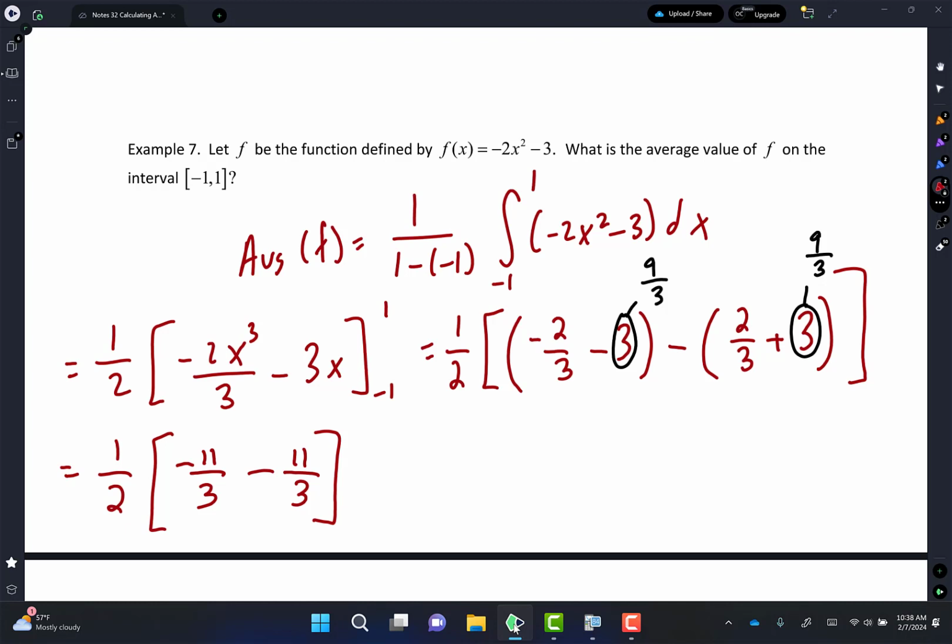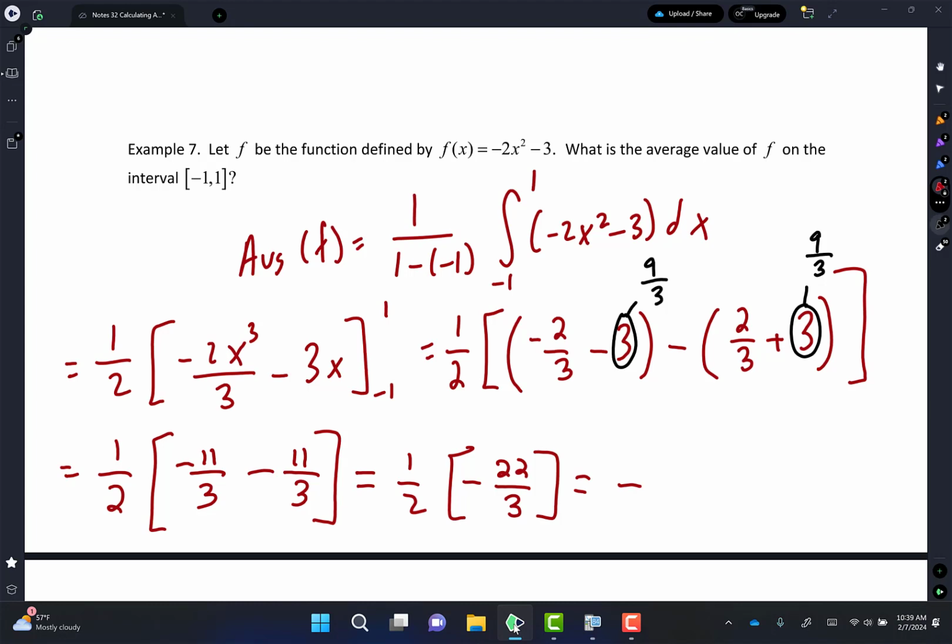Okay. I'm gonna add these up. I guess I'm subtracting technically, but add up the 11s, keep the sign. So here's my half. Bracket 11 plus 11 is 22. Keep the sign. It's still negative. 22 over 3. Close it. Are we still okay? Okay. And then positive times a negative is a negative. So my average value, I'm going to put a negative on the outside.